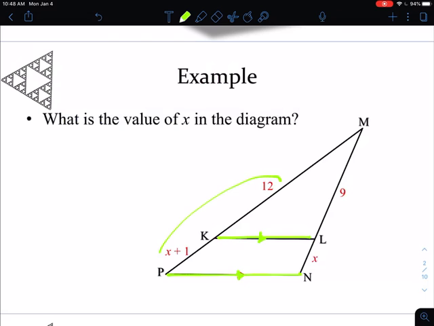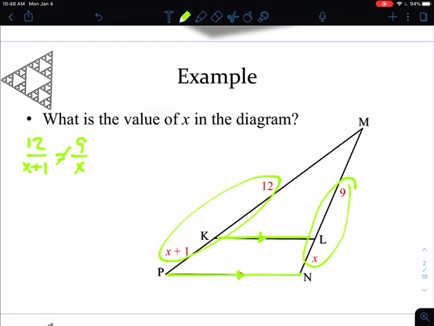So here's where that top over bottom equals top over bottom comes into play. So I'm going to take the top 12 over the bottom x plus 1 and set it equal to the other side, which was top 9 over bottom x. So this is the first thing I do: I just set that top over bottom equals top over bottom.